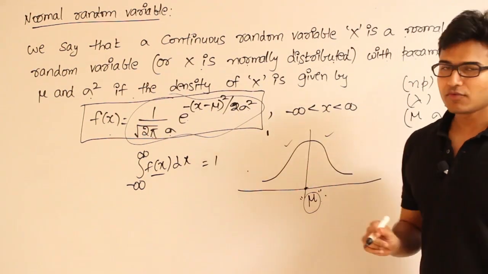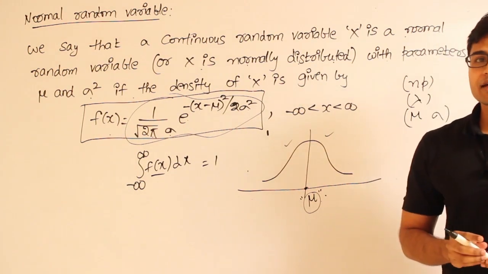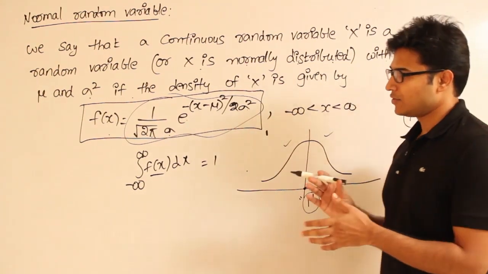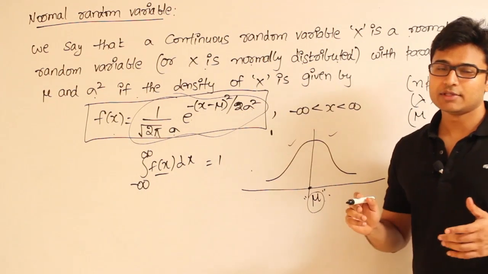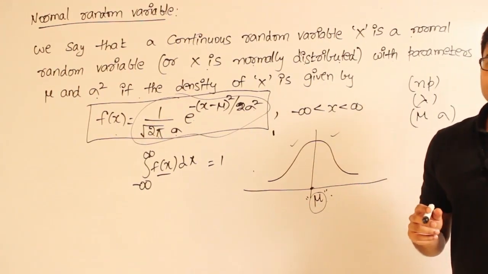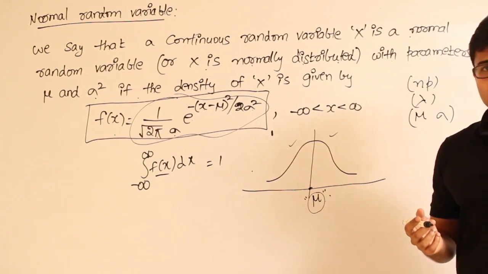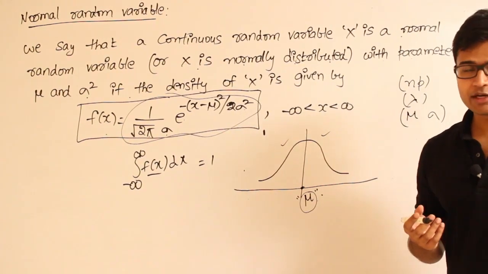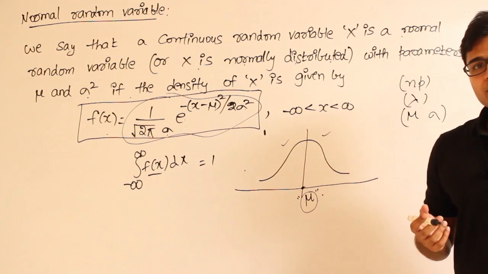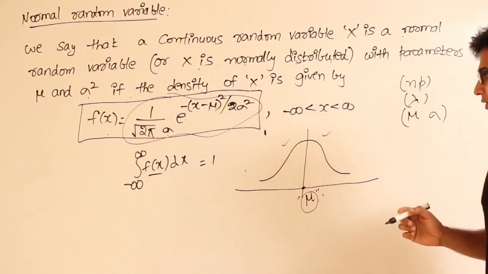And also if you want to find out the probability that x takes a value in a range, this is a continuous random variable. Therefore if it is a normal random variable, and they are asking about probability at a point, it will never exist. Probability at a point will be 0, but probability in a range will exist.